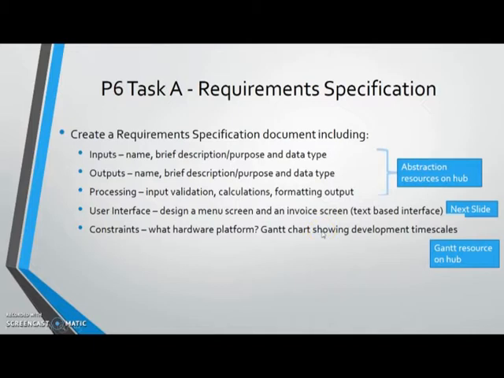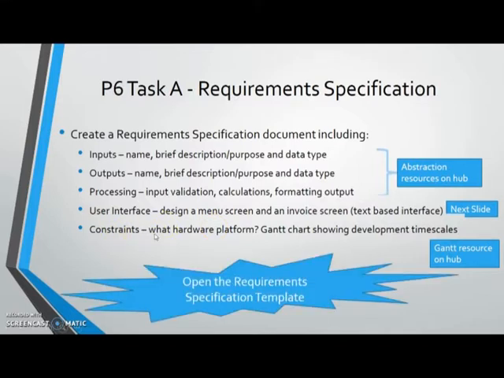You just need to make up some dates and say how long each phase will take. So you've got your requirement specification, you've then got the designs, you've got the coding, the testing, the evaluation and maintenance. So just put all those stages into a Gantt chart and obviously give appropriate timescales for them. That's everything you need to do for the constraints section.